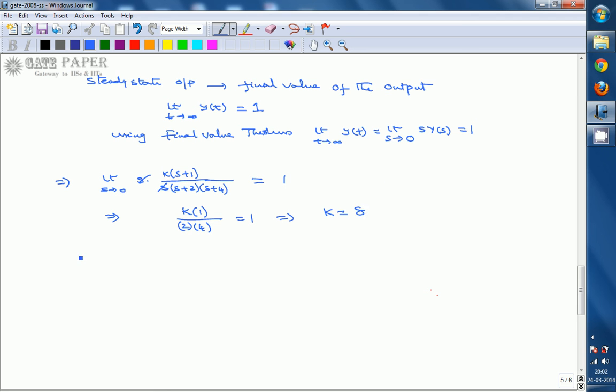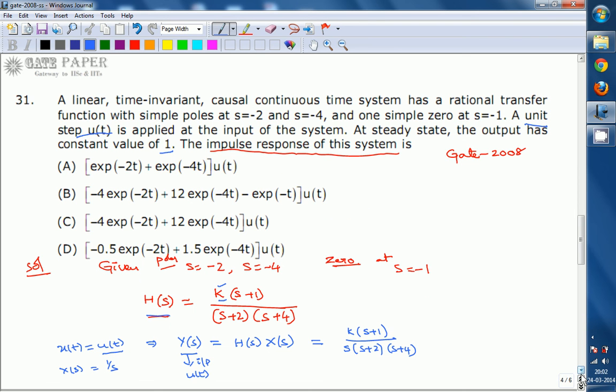So we have H of s equals K into s plus 1 divided by s plus 2 into s plus 4. That is the transfer function of the system. We calculated the K value now.